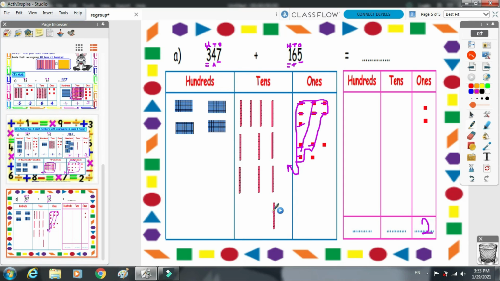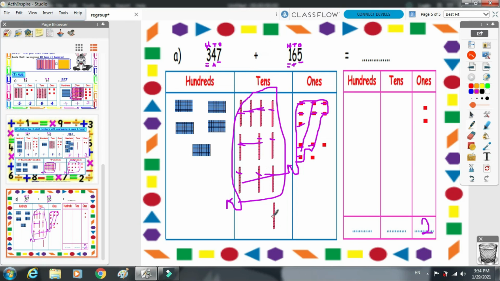They are more than 9, so here I need to regroup 10 of these tens to make 1 new 100. So here I have 1, 2, 3, 4, 5, 6, 7, 8, 9 and 10. I will stick them all together like this, and I will switch it to be 1 new 100.